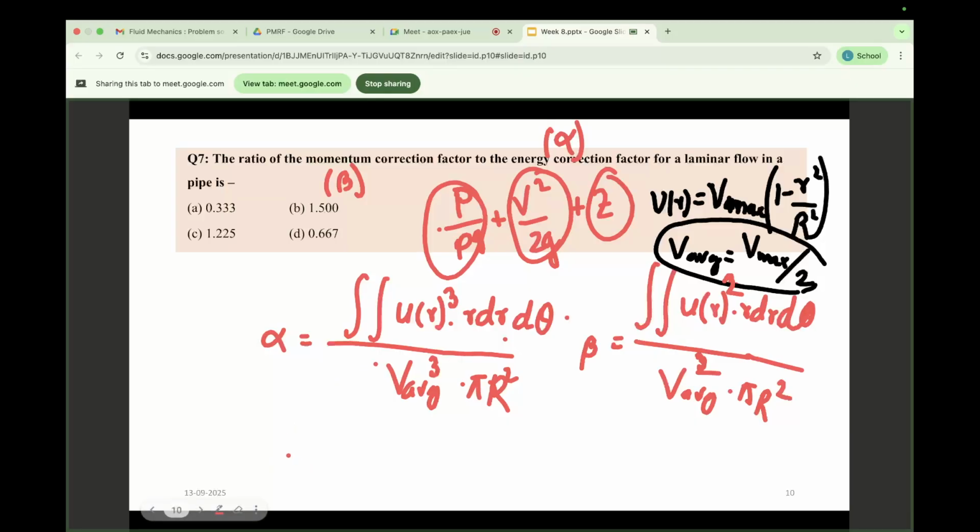Just tell me what value of alpha and beta you are getting. Please write it in the chat box.